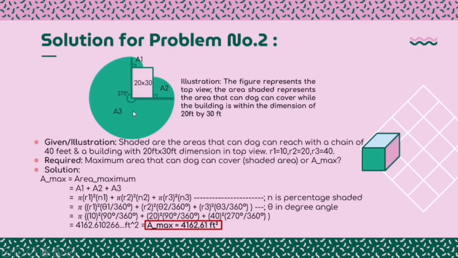A1 is a quarter, A2 is also a quarter, A3 is three-quarters. Each is n times pi r squared, which is the basic area of a circle, where n is the ratio of a circle, whether a quarter, semicircle, three-quarter circle, or a whole circle. Now we substitute the values. The area that the dog can cover is equal to 4,162.61 square feet.